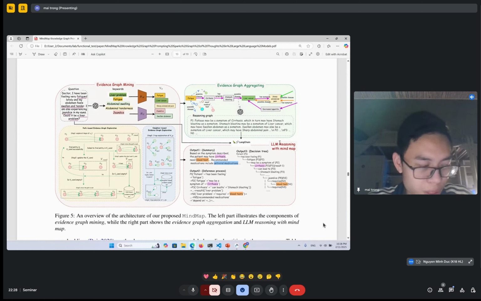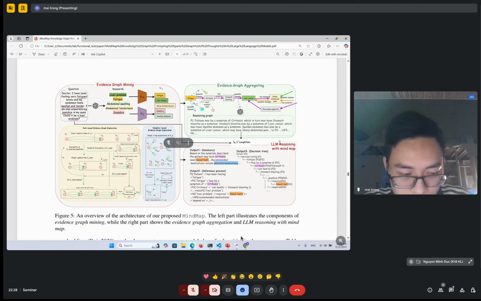Okay, how about the problem of lacking context? Understandable. If you use named entity recognition, maybe we will lose a lot of context. So in this case, they also integrated an LLM, maybe as the first step right away. They use an LLM to extract from the questions. Of course, the efficiency is high, but it also has a cost.